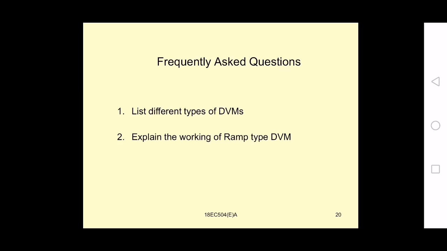The first is asked as a short question, and the second as an essay question. For the essay question, you have to draw the block diagram, describe each block and the working principle, and draw the waveforms. With those waveforms you have to explain the operation of the ramp type digital voltmeter.